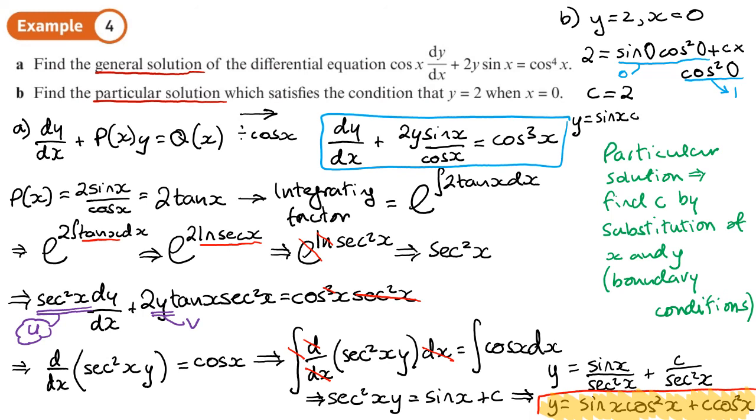So sine x cos squared x plus 2 cos squared x. And I suppose if you want you could factorise that and write it as y equals cos squared x times sine x plus 2, but I'm guessing it doesn't really matter if you factorise it or not. So there's our answer for part B, our particular solution, because we've worked out the value of c.